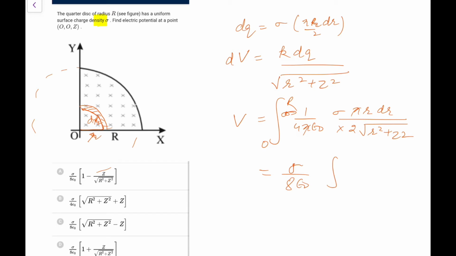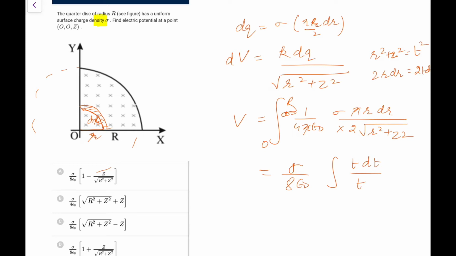So you can take this r square plus z square as, let's say, t square. So 2r dr is equal to 2t dt. I think you can write it like this. So r dr is t dt, so it becomes t dt upon t terms.